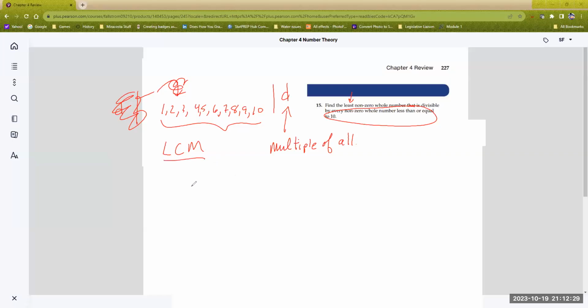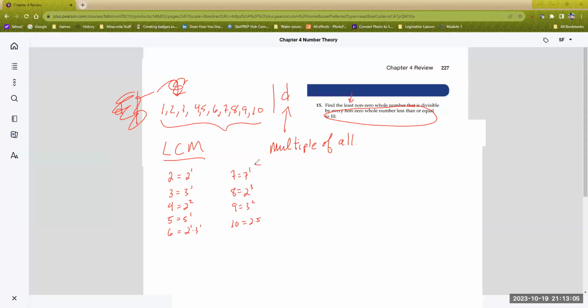So LCM. If I was going to do this problem, I would go through and find the prime factorization. 2 is 2 to the first, 3 is 3 to the first, 4 is 2 squared, 5 is 5 to the first, 6 is 2 times 3, both with an exponent of 1. 7 is 7 to the first, 8 is 2 to the third, 9 is 3 squared, and 10 is 2 times 5.